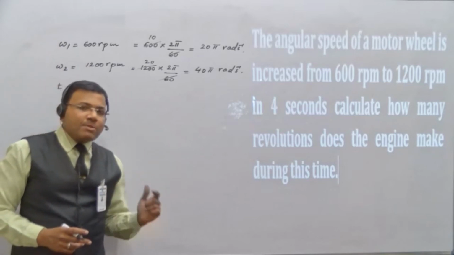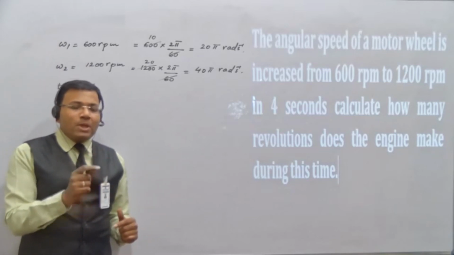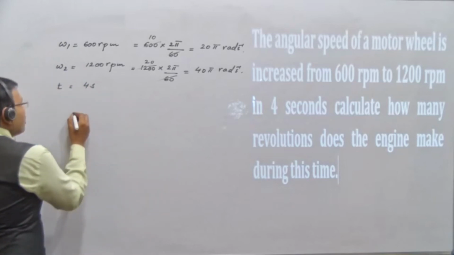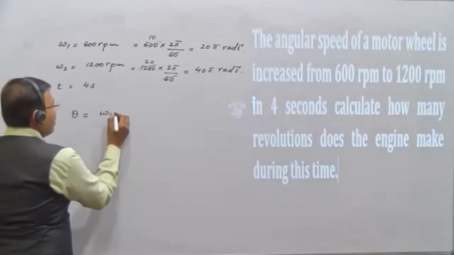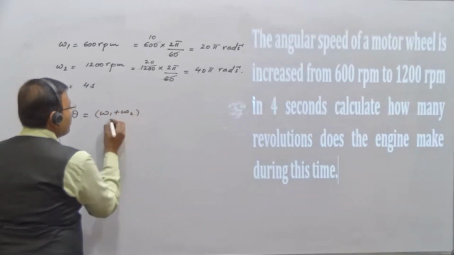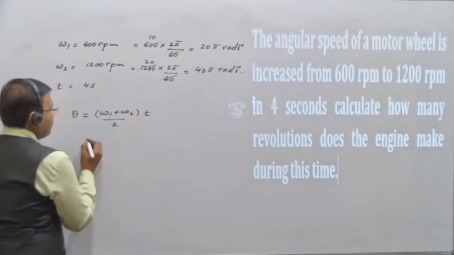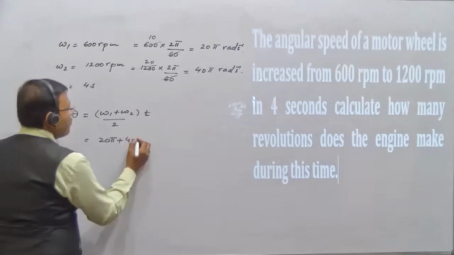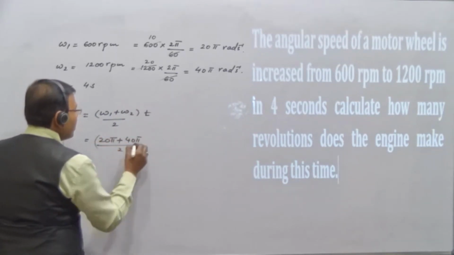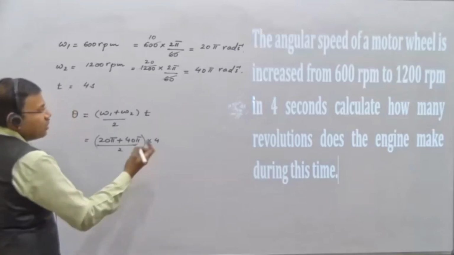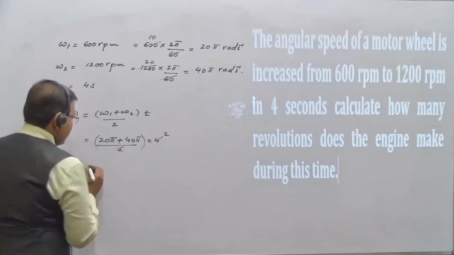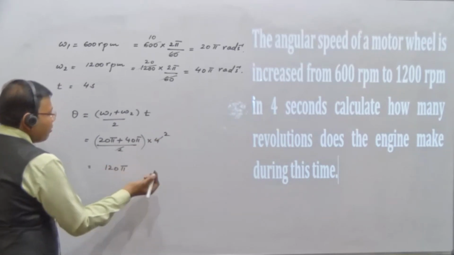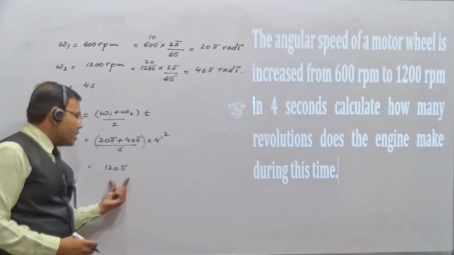For linear displacement, s is equal to (u plus v) by 2 into t. So here we will use, for total angular displacement, (omega 1 plus omega 2) by 2 into t. What is omega 1? That is 20 pi plus 40 pi, by 2, into 4, as per the question. So 60 pi into 2, that is 120 pi radians. We got the total angular displacement in radians.